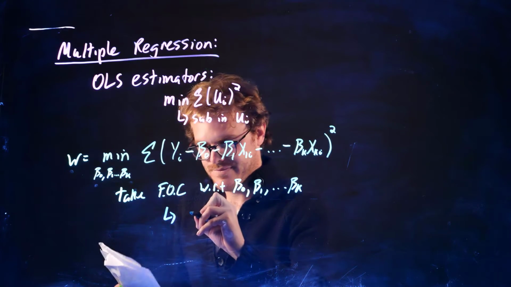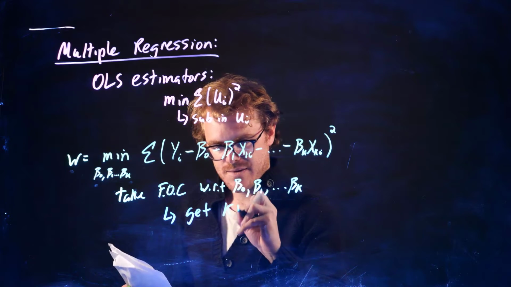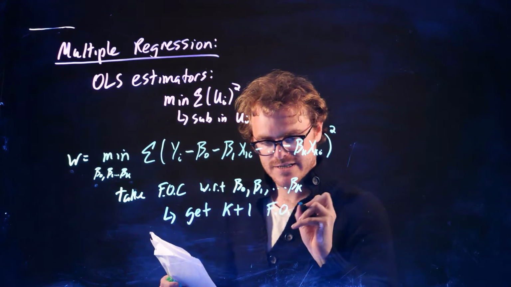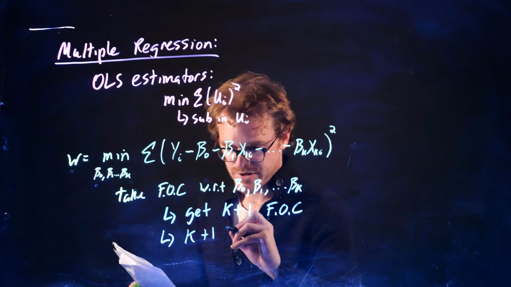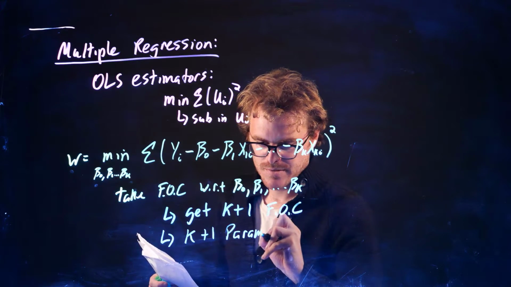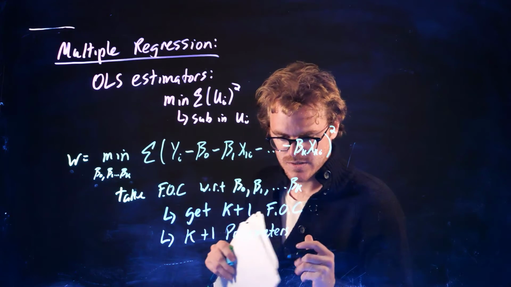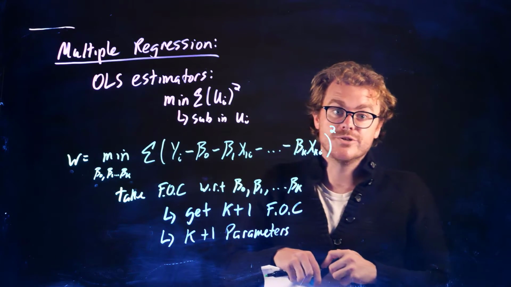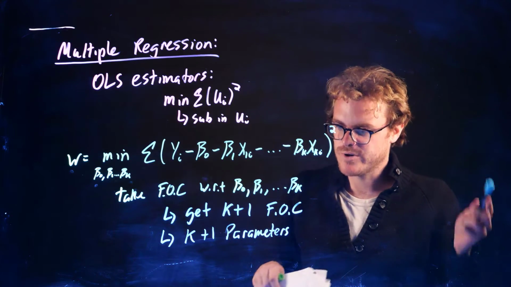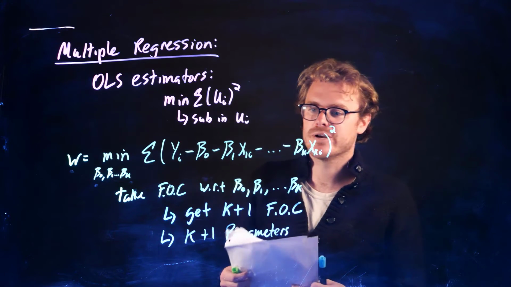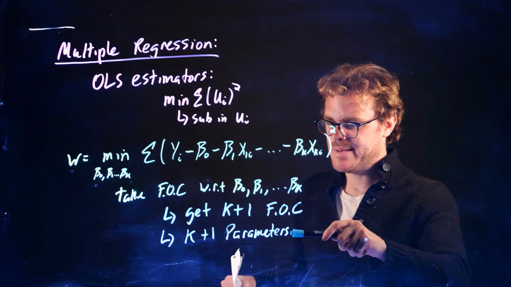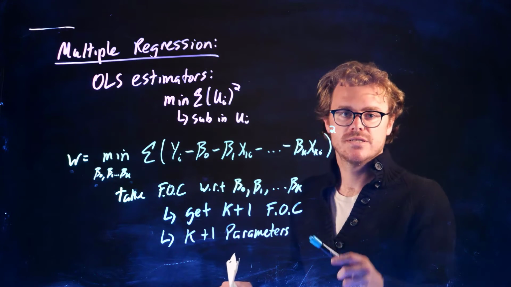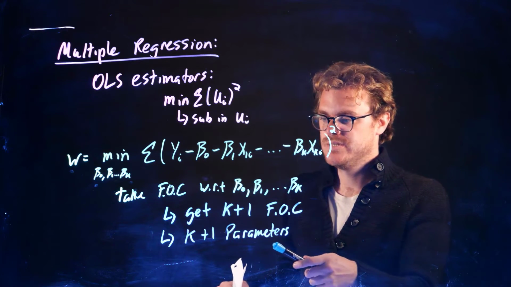We're going to get k plus 1 first order conditions, and we have k plus 1 parameters. So assuming there's a unique solution, which is going to be related to an assumption we're going to make, we have k plus 1 first order conditions, k plus 1 parameters, so we could solve for all of them.